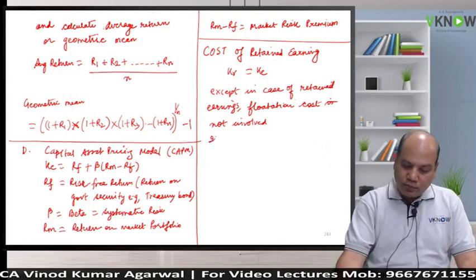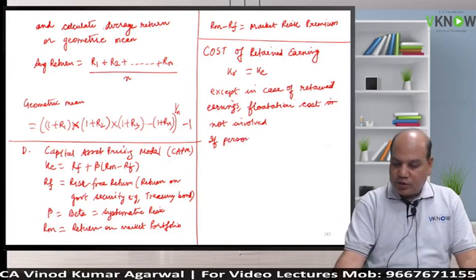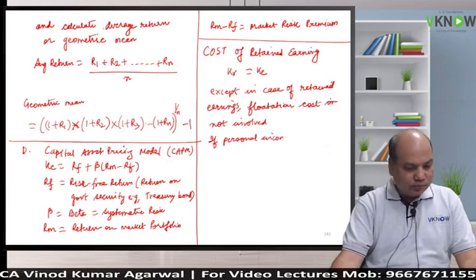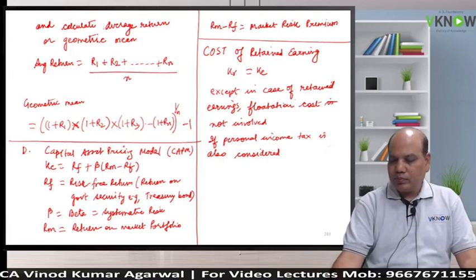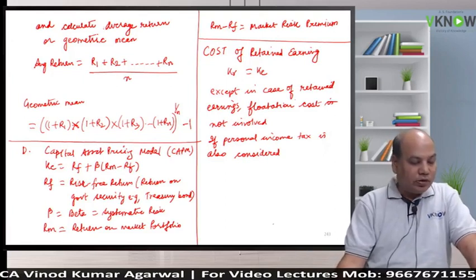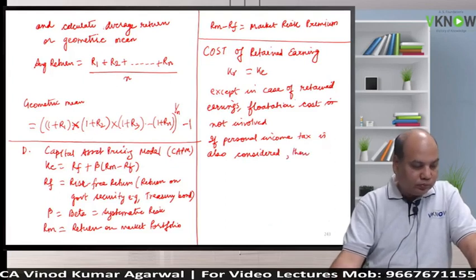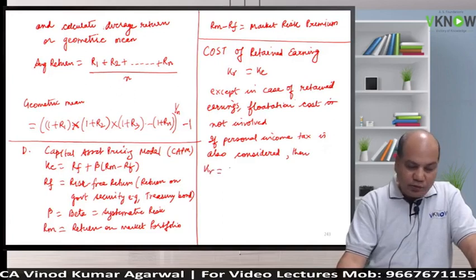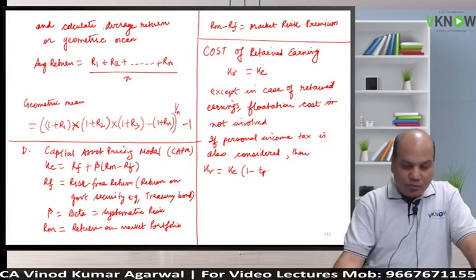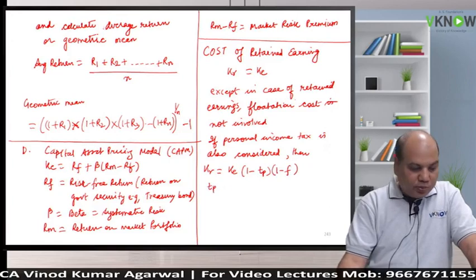Then write down, if personal income tax is also considered, then cost of retained earning is cost of equity into 1 minus TP into 1 minus F. So what is TP here?